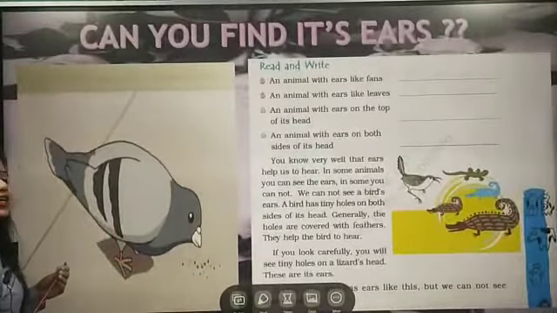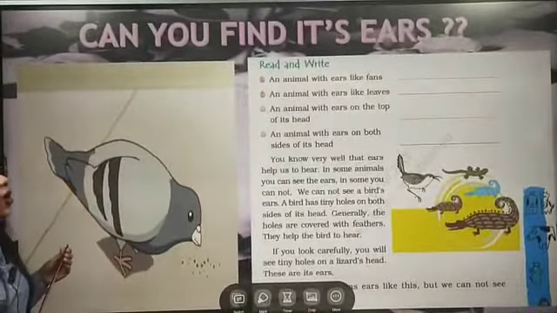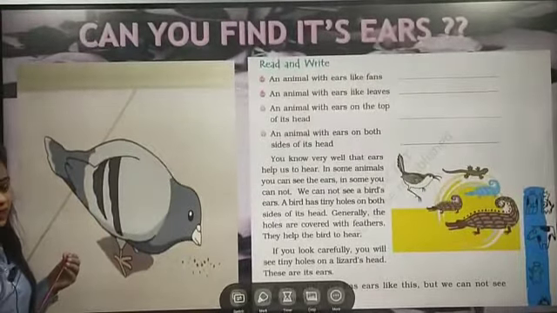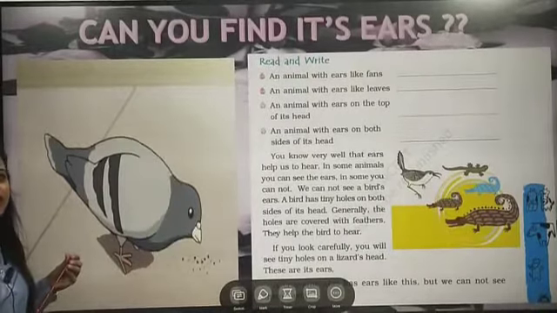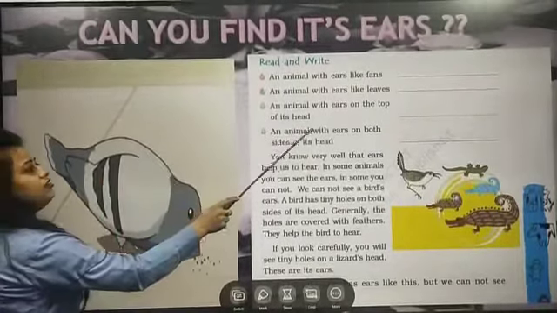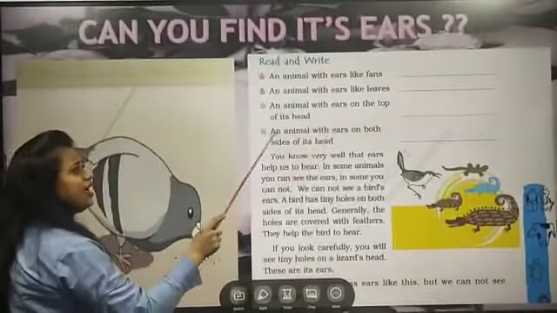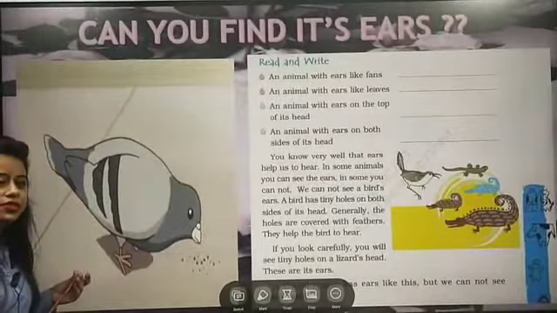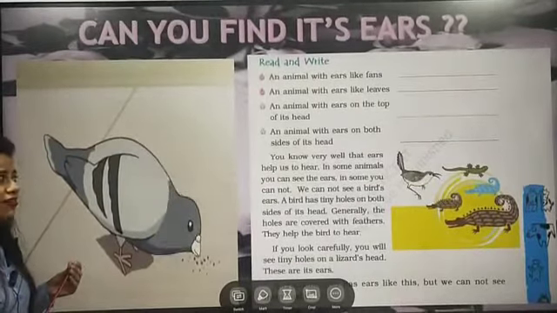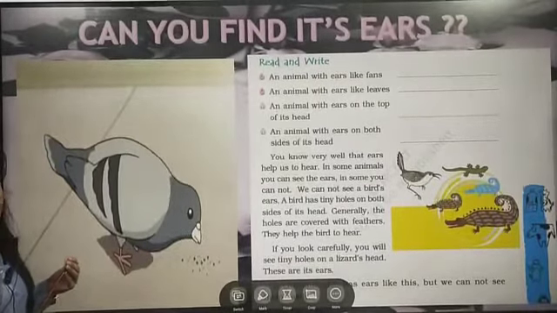So class, if you read this line, all the animals are having ears on the top of their head. So you can write any name of the animal. An animal with ears on both sides of its head. So this is also the same. All the animals are having ears on both sides.